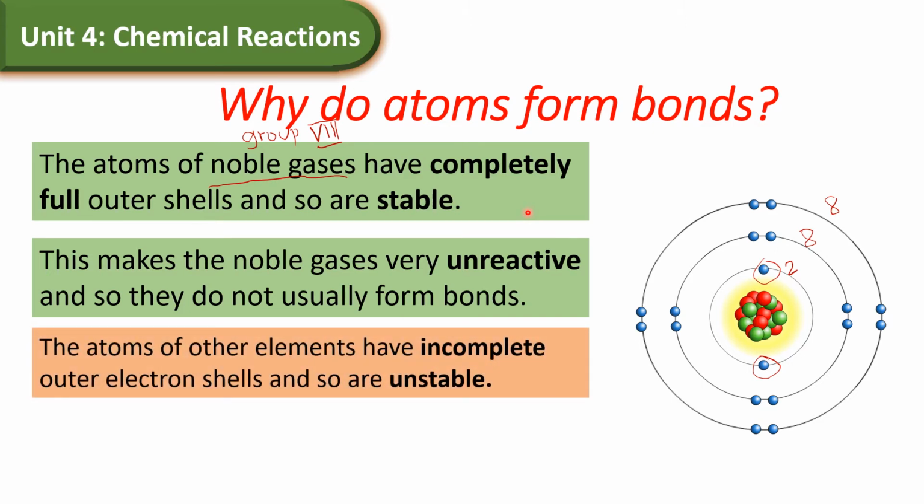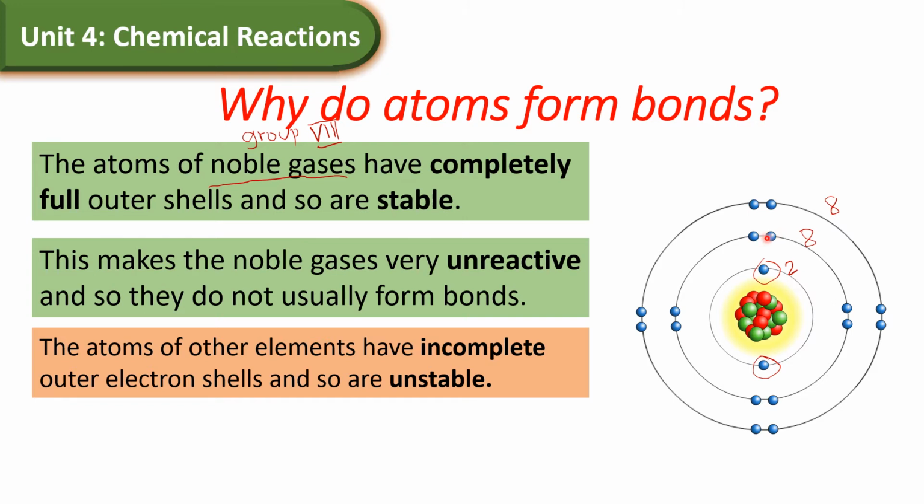Now, the atoms of other elements. What are these other elements? These are your group 1 until group 7 elements. The atoms of other elements have incomplete outer electron shells. For example, in your first ring it has only 1 electron, or in your second ring maybe it has only 1 electron, or it needs 1 more electron or 2 more electrons.